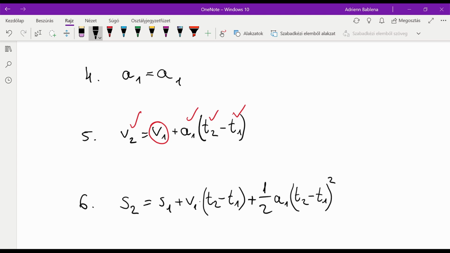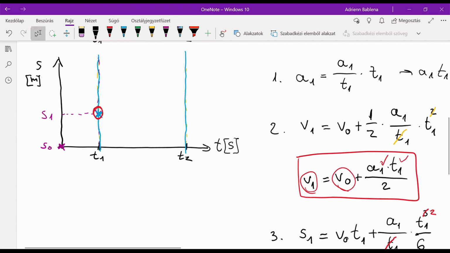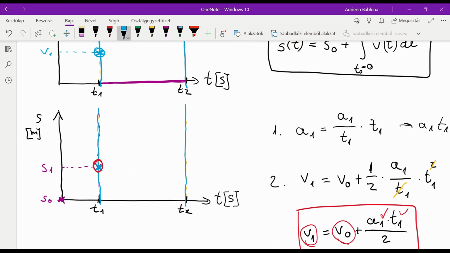Okay, so we dropped the concrete time values into the T parameter, so we wrote T2 minus T1 instead of T everywhere, and in this concrete T2 minus T1 time interval, we reached S2 value somewhere here.